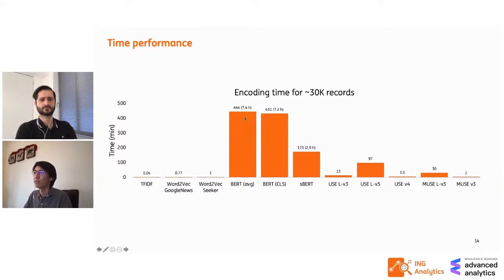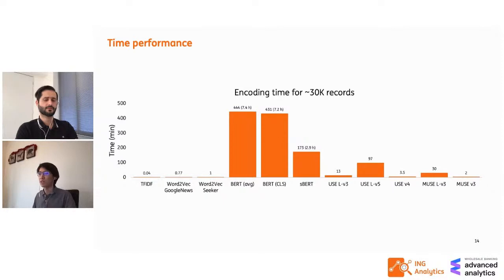In one instance, it can take up to 7 hours to merely encode only 30,000 documents. So just keep this in mind, as these things can become really time prohibitive when you're trying to build productionized models that have to run at a much greater speed. This is even independent of how well they will perform in terms of their ranking capabilities.